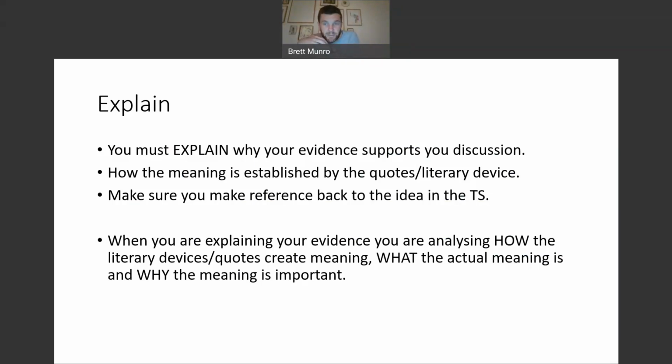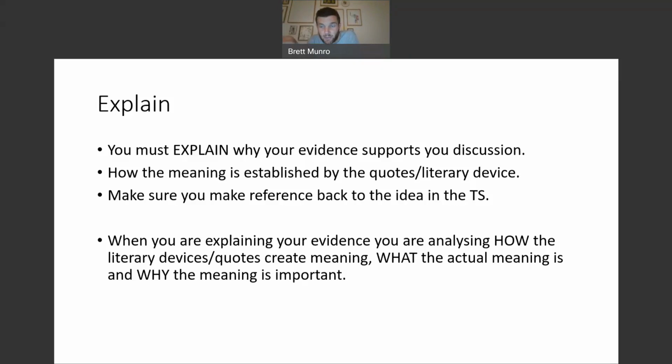When you're explaining your evidence, you're analysing how the literary devices create meaning. So how do they actually create that meaning? That could also be explaining what the actual meaning is from the evidence and why the meaning is important. That's how the literary devices create meaning, what the actual meaning is, and why the meaning is important. And that third part, why the meaning is important, that's your evaluation.